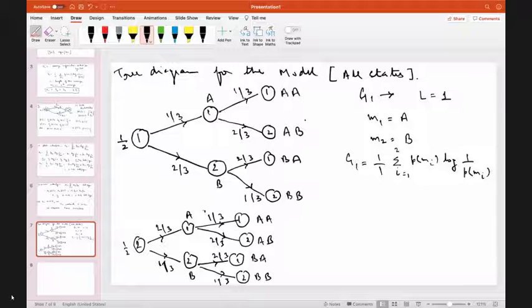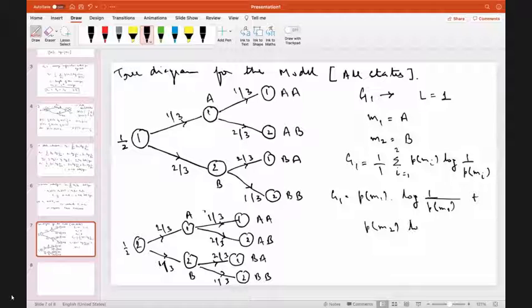Classic. So in this case, this becomes P(M1) into log 1 over P(M1) plus P(M2) log 1 over P(M2).